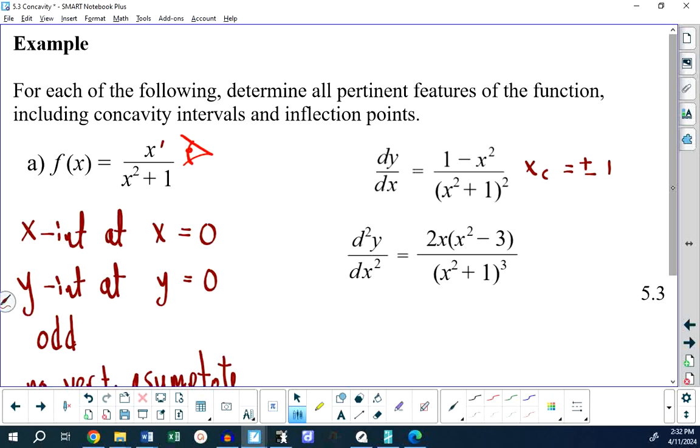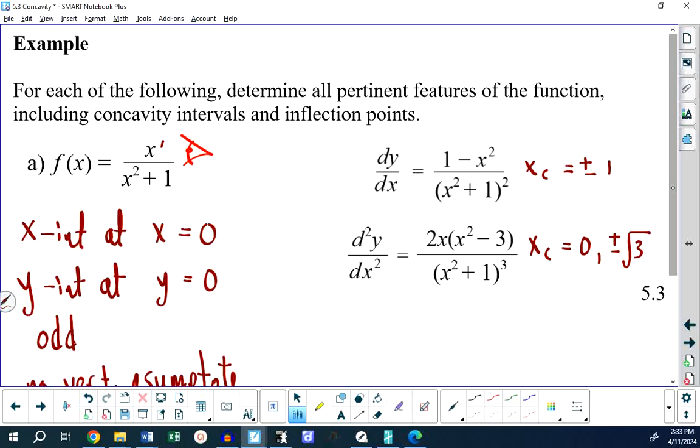While we're here, we can write the critical values of x for the second derivative, and they are 0 and plus or minus the square root of 3, because one of the factors is x squared minus 3. When you set that equal to 0, you get plus or minus root 3. Again, there are no critical values of x associated with the denominator. The critical value of x of 0 is because of the 2x as the factor. Are we all okay with that?